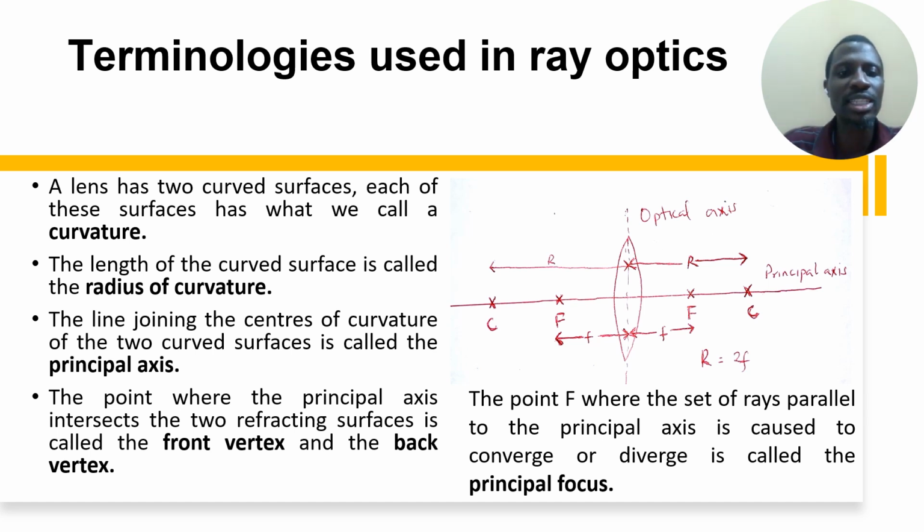Now, the line joining the centers of curvature of the two curved surfaces is called the principal axis. It bisects, as you can see in the diagram, the lens horizontally into two equal halves, and the points where the principal axis intersects the two refracting surfaces are called the front vertex and the back vertex.